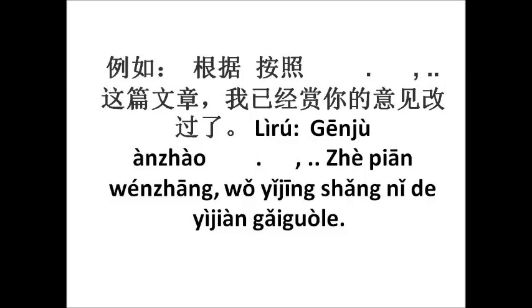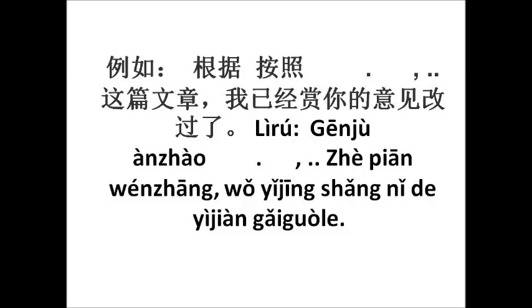So here we can put in both the words. So for this article I have changed it based on your opinion. 意见 is opinion. 改过了. So this article I have already changed based on your opinion.